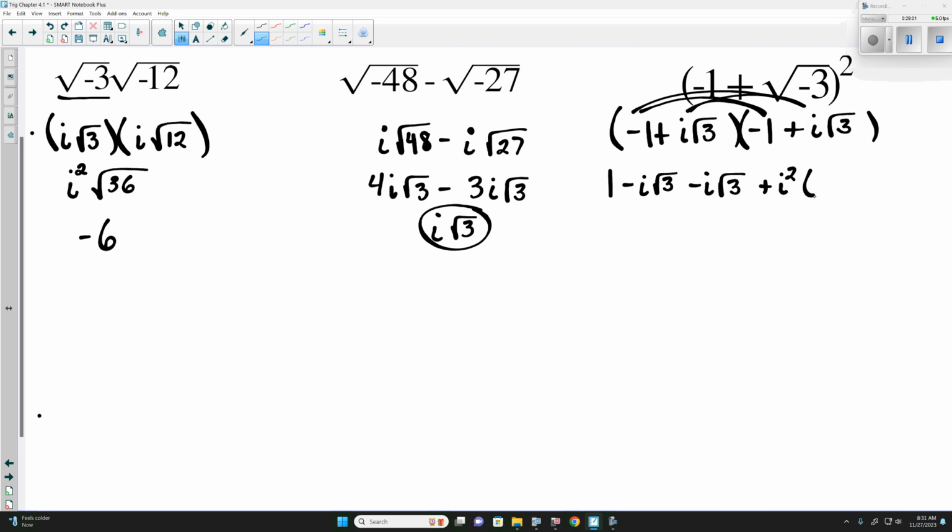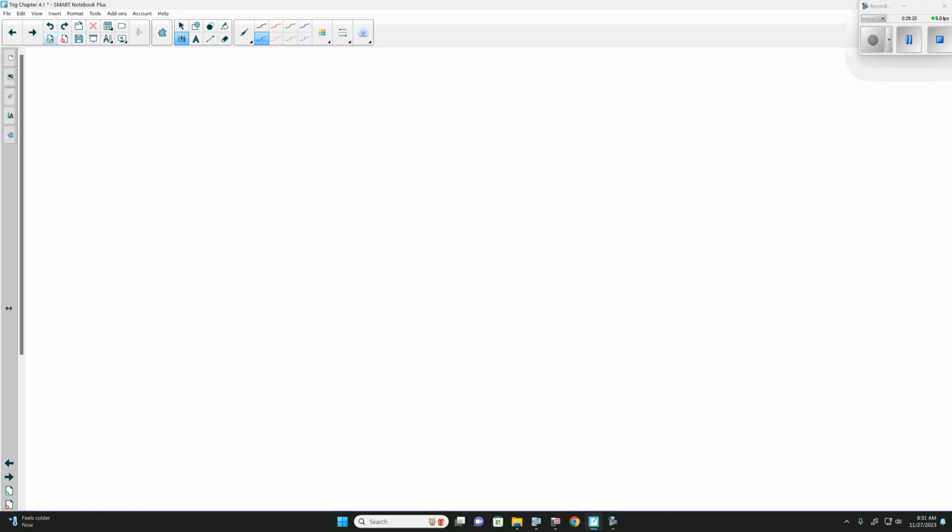There's at least 3 ways we could say this. The square root of 3 times square root of 3 is the square root of 3 squared, which is just 3. Or we could say that it's the square root of 3 squared. Square root and square would cancel, give us 3.